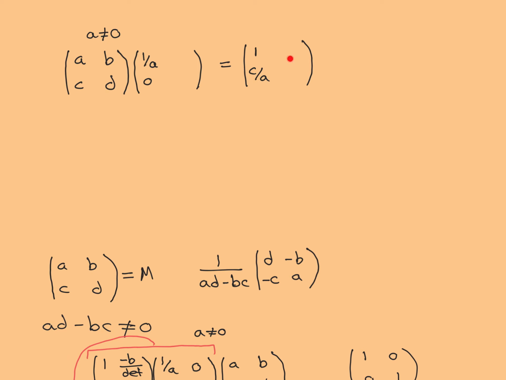Now let's think about what we're going to do with the second column here. We would like to make this entry here now equal to 0. To do that, we need to take away a multiple of this first column, and that multiple is going to be minus b over a, I think. Let me just check.